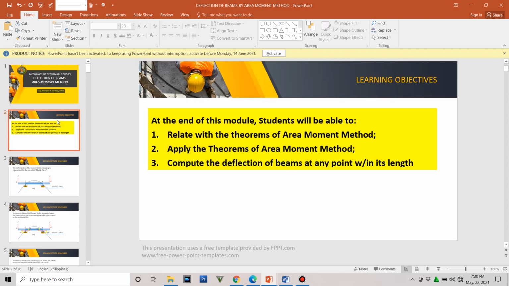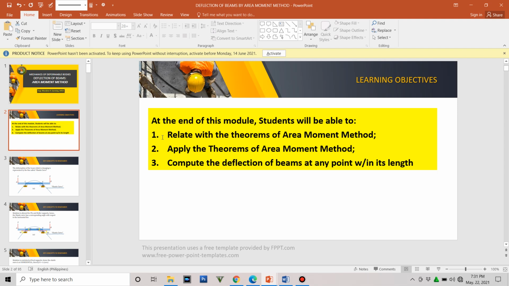So for our learning objectives, at the end of this module, you will be able to relate with the theorems of area moment method, and we will learn how to apply the theorems of the area moment method, and then compute the deflection of beams at any point within its length.